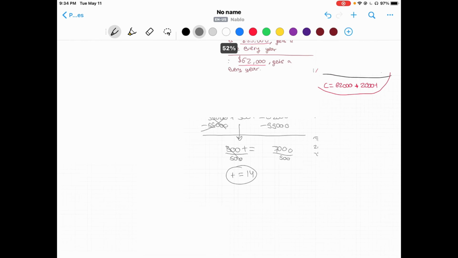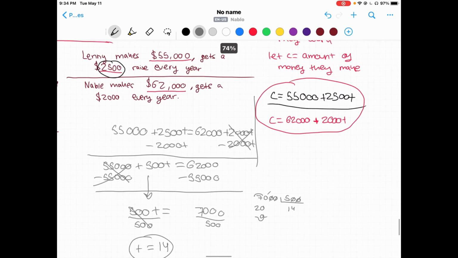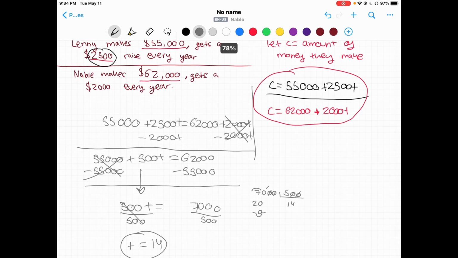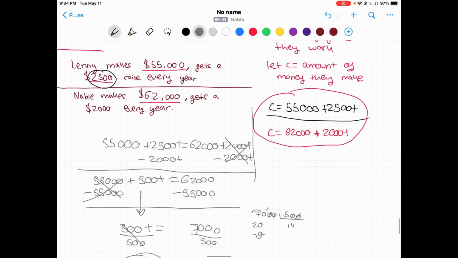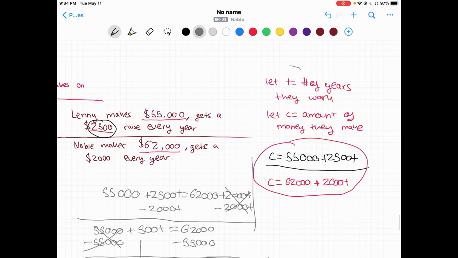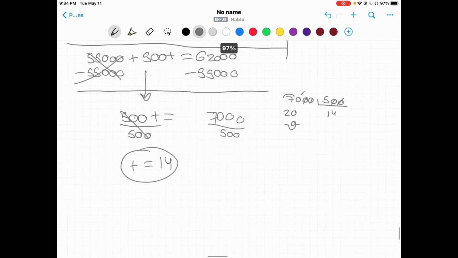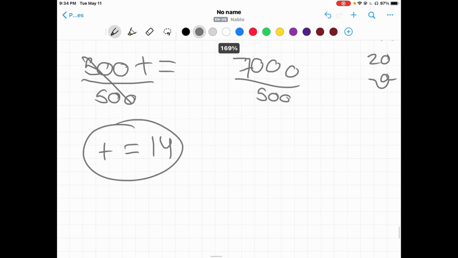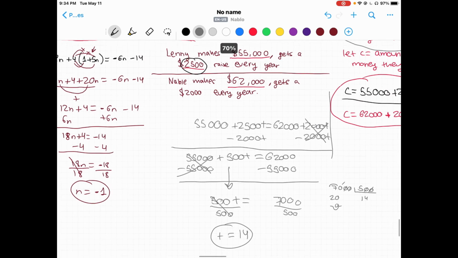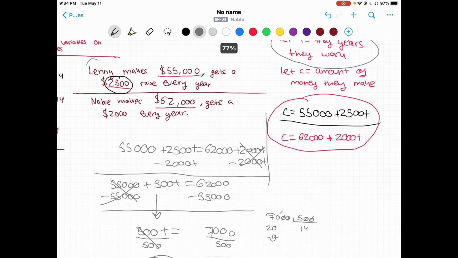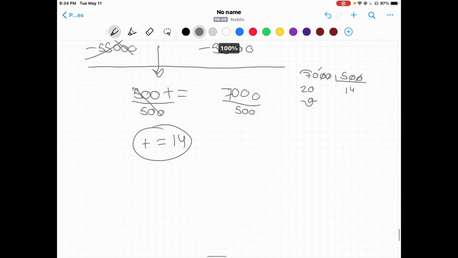But remember, we are trying to find out after how many years Lenny will earn the same amount of money as Nablo. And we defined T up here as the number of years they work. So therefore, Nablo and Lenny will earn the same amount of money after 14 years.